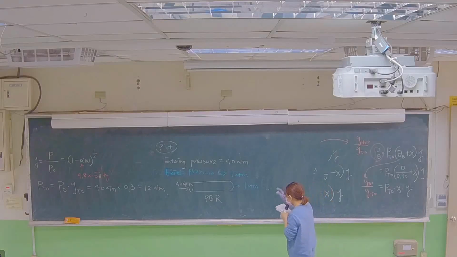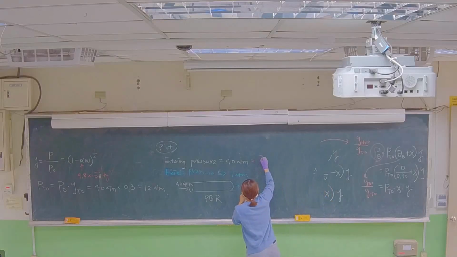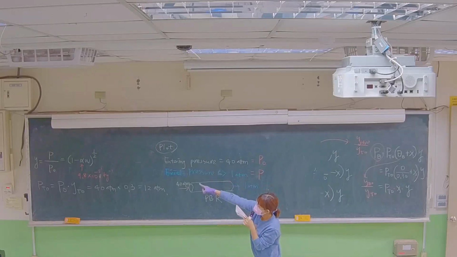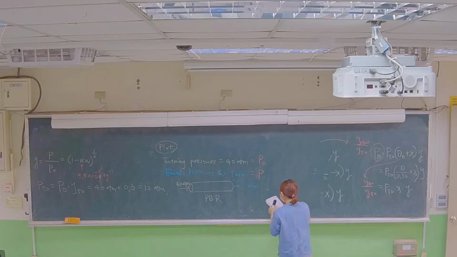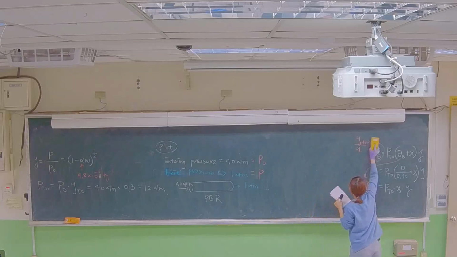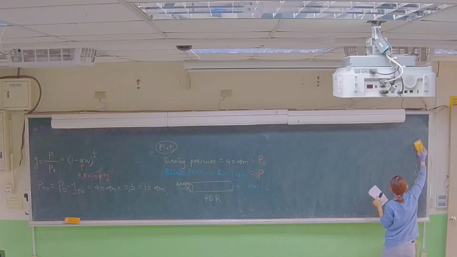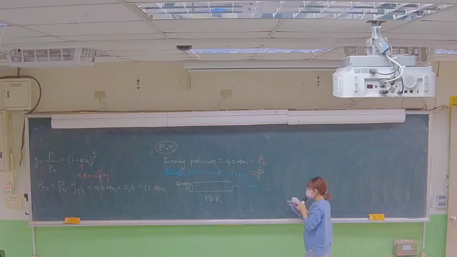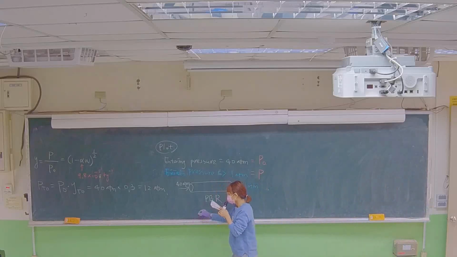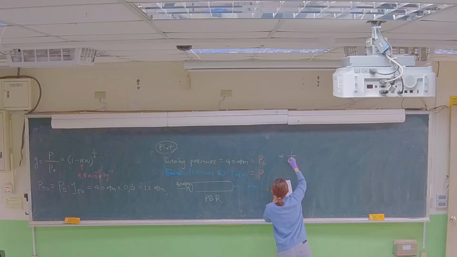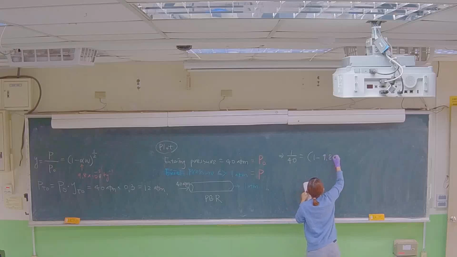So this is P0, and this is P. We bring the value later, and we get 1/40.